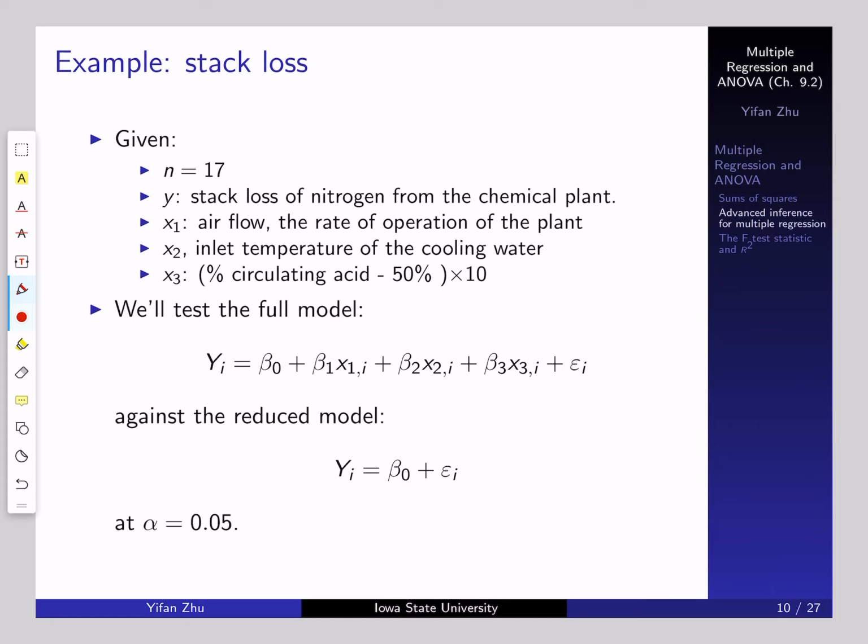So we want to test the full model against the reduced model. For the full model, we have three predictors, so the full model is this. We have beta naught, beta 1, beta 2, beta 3, 4 parameters. And the reduced model is the intercept only model, only one parameter. The significance level alpha we use here is 0.05.